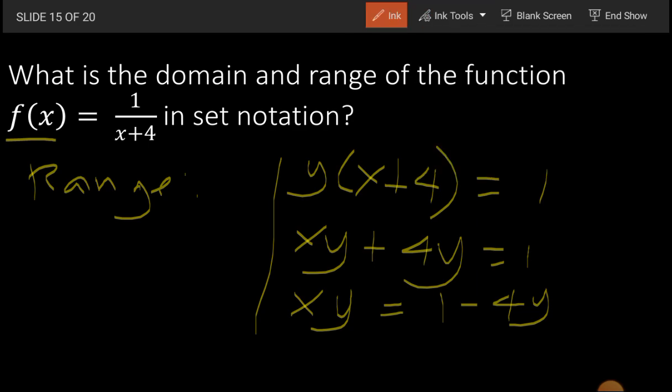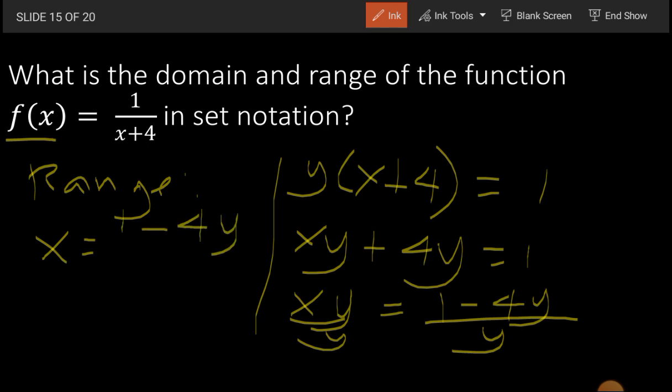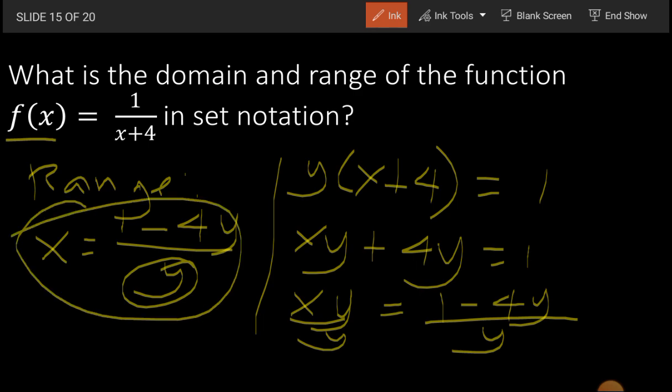Then divide all by y to leave x alone. So we have x equals 1 minus 4y all over y. So let's focus on the denominator. This y cannot be 0 in the denominator because the whole equation will become undefined.